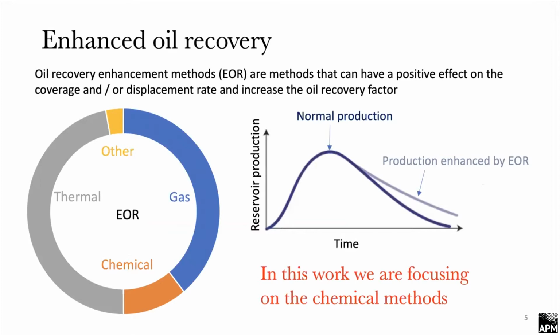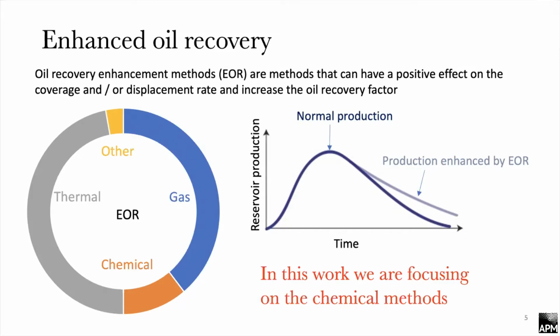So today, there are a lot of reservoirs that are at the late stages of development. So their peak of production was a long time ago. And the problem is how to increase and change their production to extend their life. And here we can use so-called enhanced oil recovery methods. There are a few of them on the left pictures.